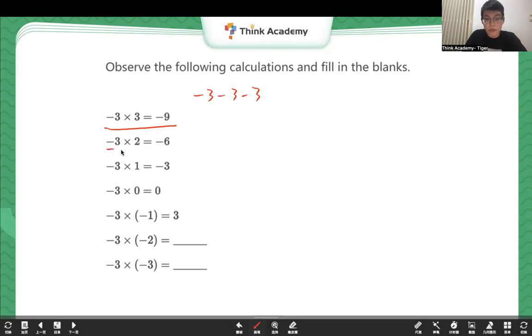So if I'm having 2 of them, it's going to add 3. Does it make sense? Because now I am just having 2 of these negative 3s, which means that I am adding 3 to cancel out one of them, right?